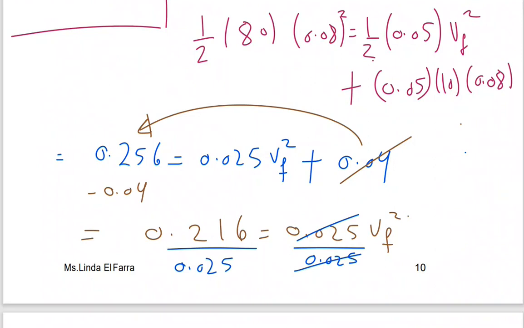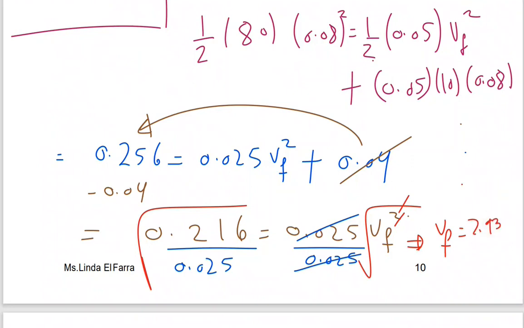So I'm going to take the square root of both sides at the same time. So v final will equal, let's do this one on the calculator, 2.93 meters per second.